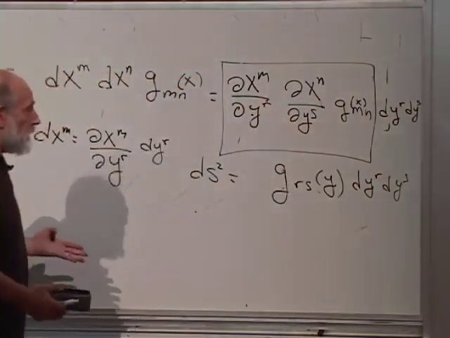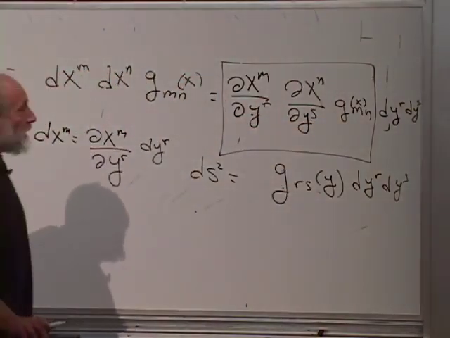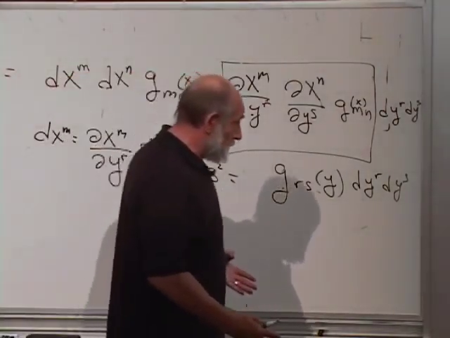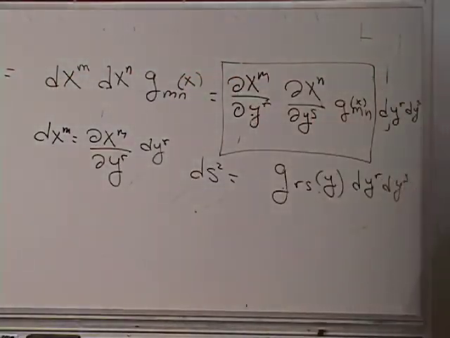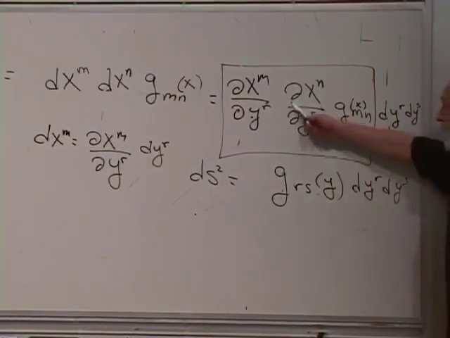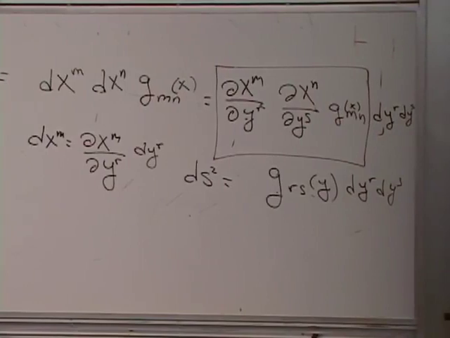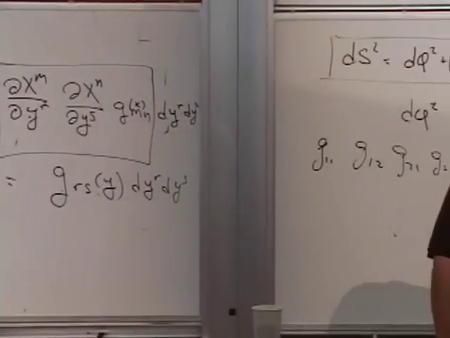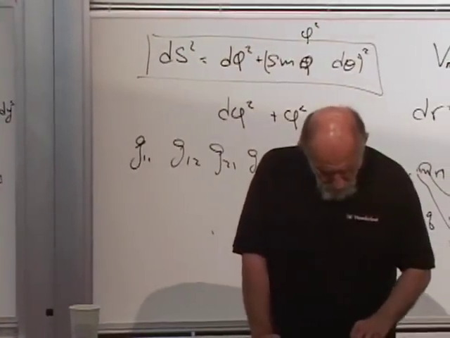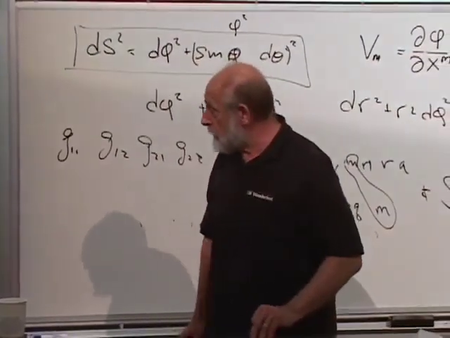So this is the simple illustration that the metric tensor is indeed a tensor. If you express the distance in either the x-coordinates or the y-coordinates, you'll wind up with a g_rs of y or a g_mn of x, and they are related by this transformation property. So that's the notion of the metric tensor.